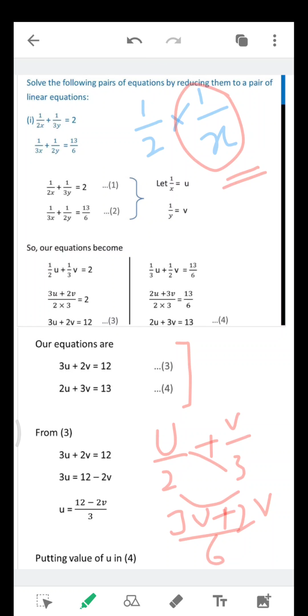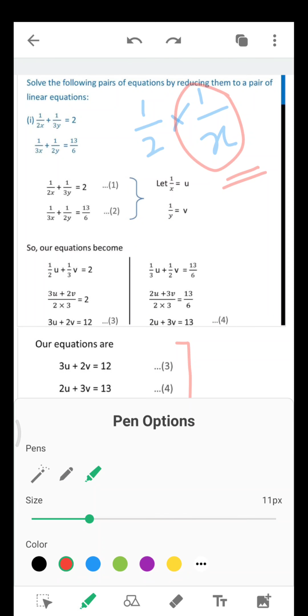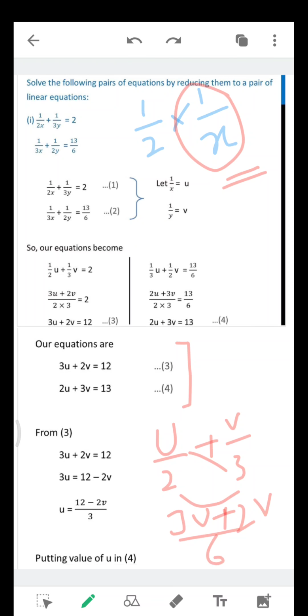If the variable is in the numerator, you can directly proceed with the method. So these are the two equations. We will solve these two equations, 3 and 4, by substitution method. These are our original equations 1 and 2, so these are the changed, reduced forms.